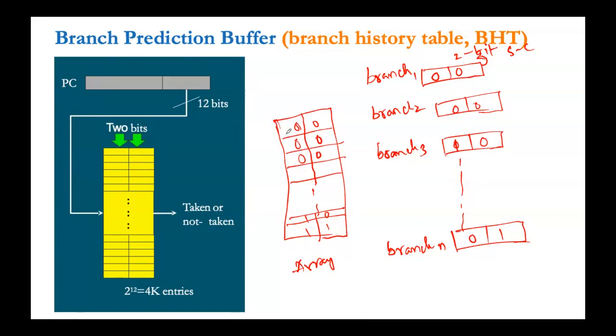Now, how do we identify these branches? This is an array of 2-bit saturating counters, so it is a small memory space, and every branch will be identified with an address. Some addresses will be given, like 1000, 1004, 1008, and so on.